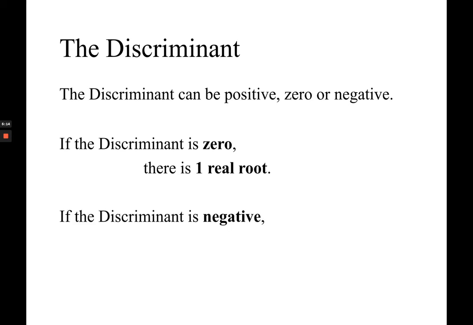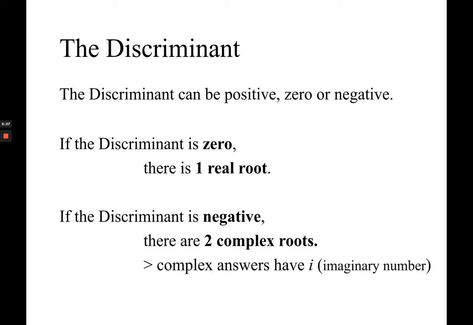The last case, if your discriminant value is negative, it means you have two complex roots. When we solve later on, your complex roots or answers have the symbol i, which stands for imaginary number. We will deal with that further later on.